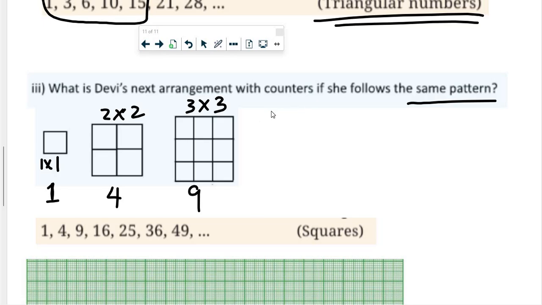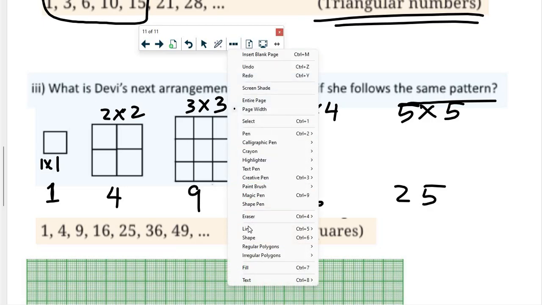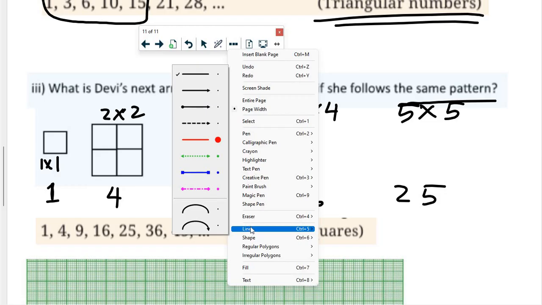To get the next, guess what? I will take 4 into 4. I will get 16. To get the next one, 5 into 5, I'll get 25.